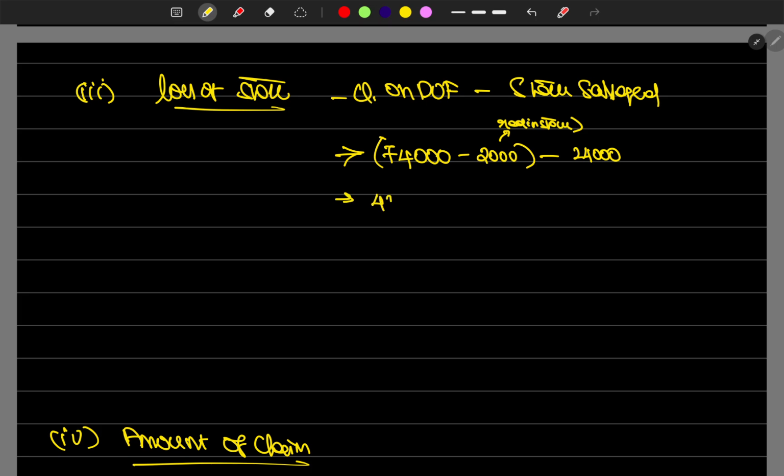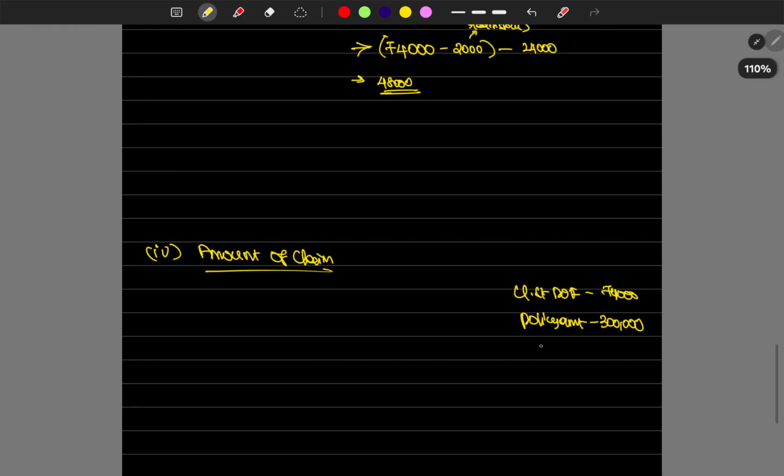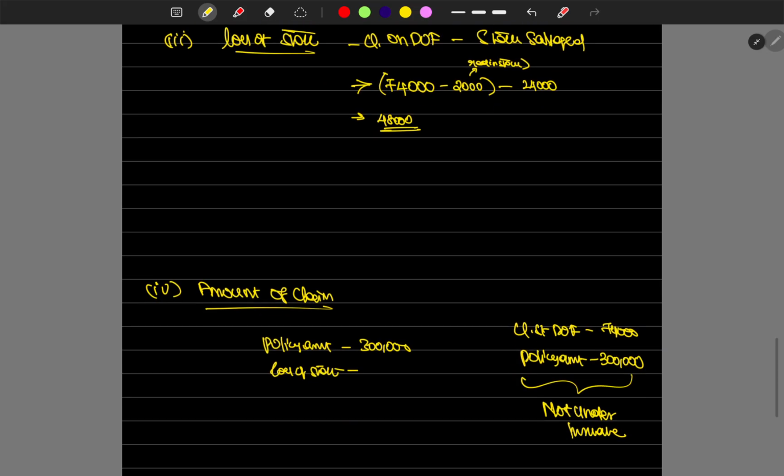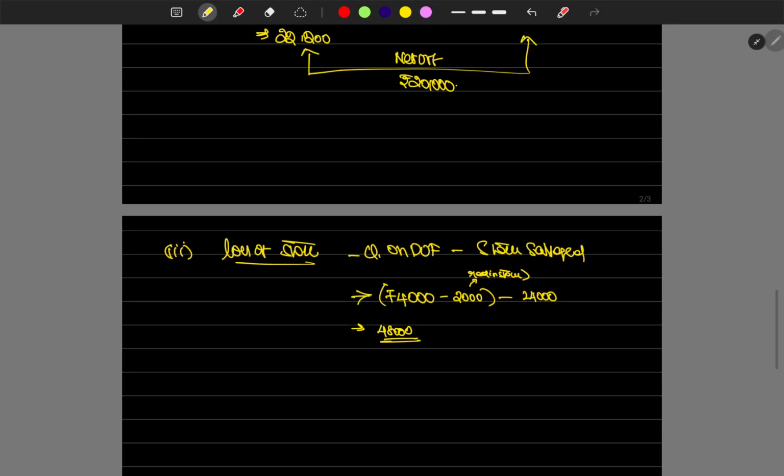So we'll get the value that, which is 48,000. Okay, so we got the 48,000 value, and this is not the under insurance. So policy amount, which is 3 lakh, loss of stock, which is 48,000. Whichever is lower is the claim amount. That's it. I hope you guys have understood this problem.